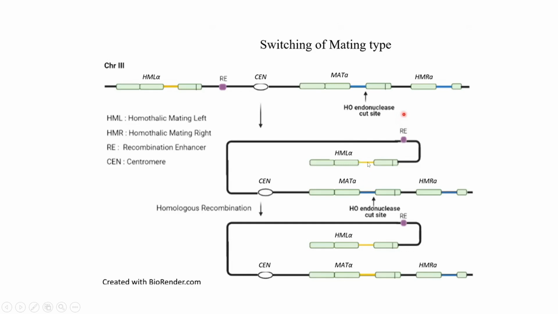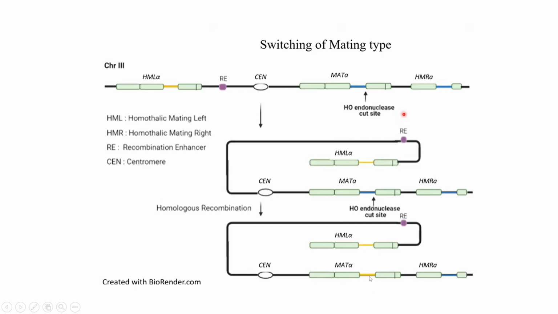This yellow region, which codes for alpha type, will recombine with this mate A region, the blue region. Here the mate alpha will get generated after the recombination process. Now this mate A will be converted into mate alpha, the yellow color you can see.